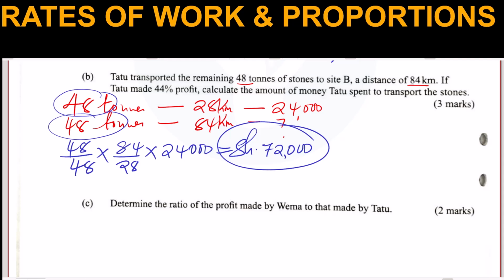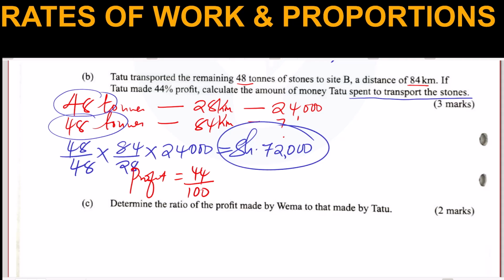Now, you're given that Tatu made 44% profit; calculate the amount Tatu spent, that is the expenses on transporting the stones. The 72,000 is inclusive of the profit, and this is the whole amount that was paid to Tatu.